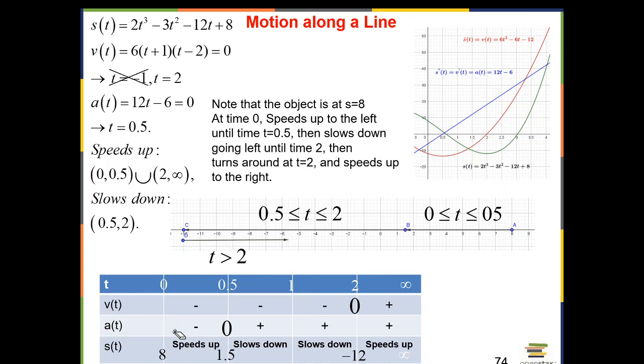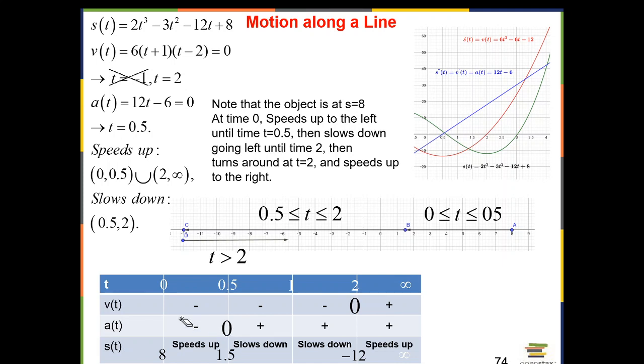Velocity, acceleration, and the function position itself, right? So we know that at 2, velocity is 0. So we're going to put a 0 right here where the velocity intersects 2, that's a 0. And then we know at 0.5 acceleration is 0, so we put a 0 here for acceleration.